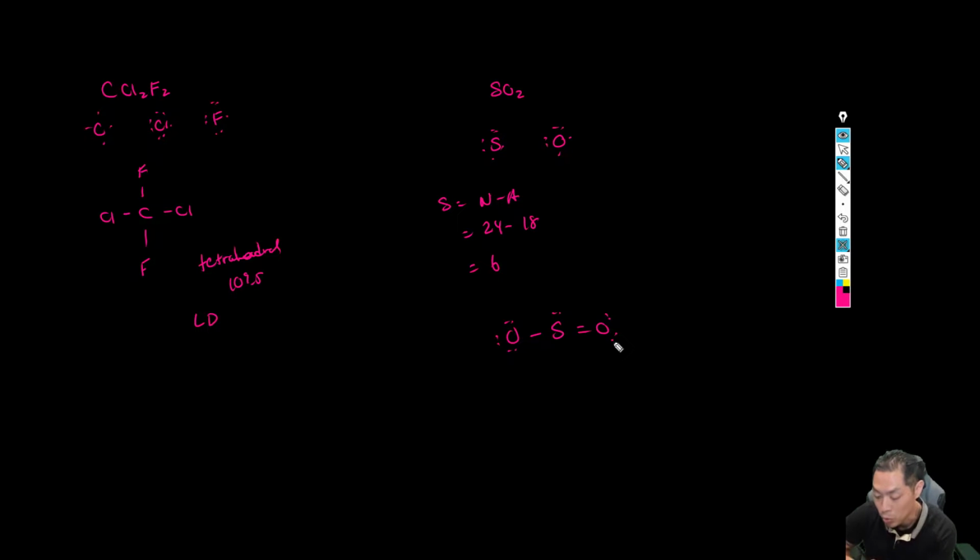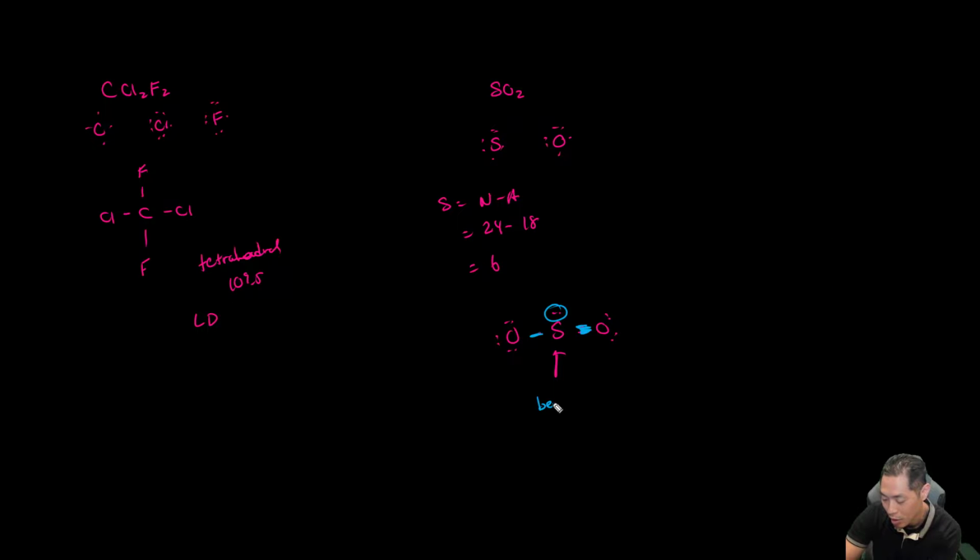If we're going to focus on the central atom right here, the sulfur has 1, 2, 3 things. So since it has 3, it is going to be a trigonal planar. But in this case, you only see 2, so we call it bent, just like our water. Our water has 2 lone pairs, and we still call it bent.